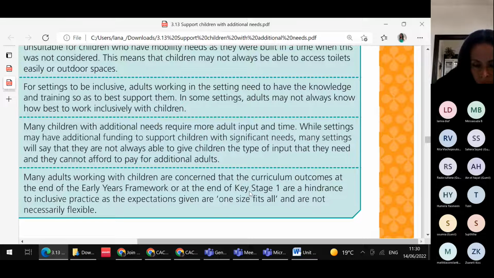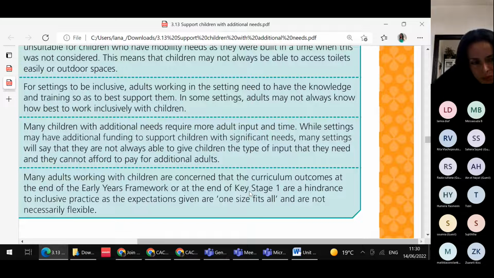While if the adults are following a very strict curriculum and are not, what's the word, flexible, that would affect the child's development, because not all the children are at the same educational stages.